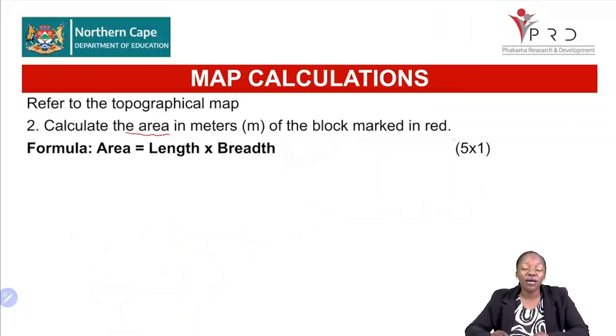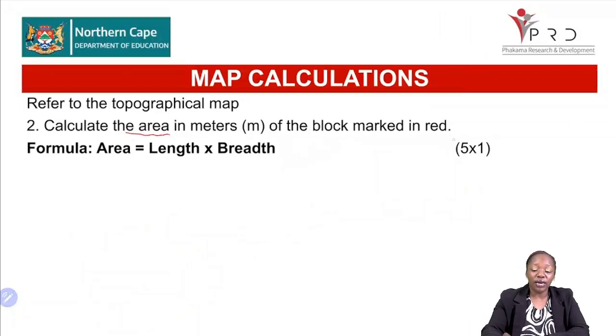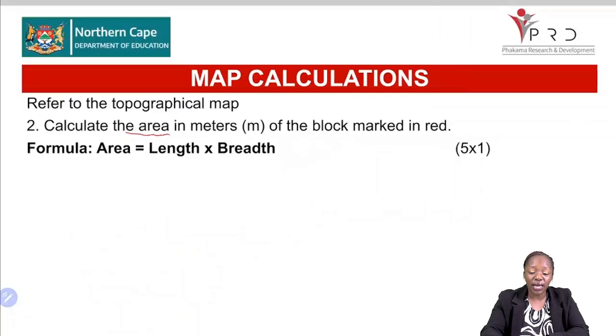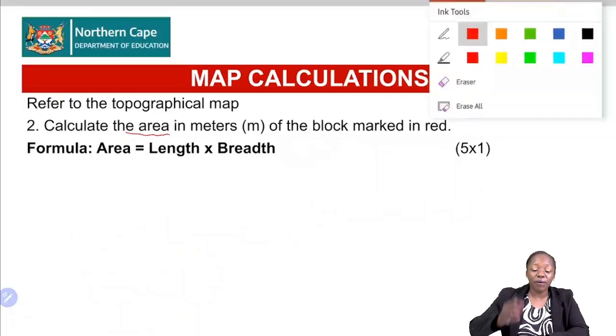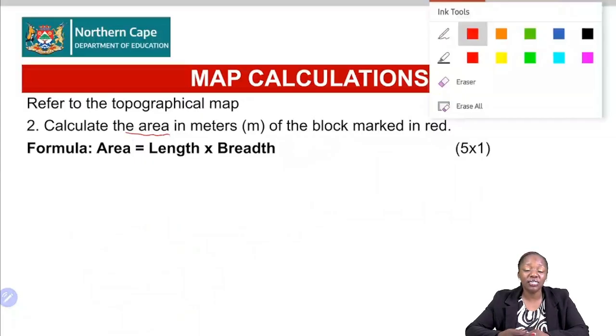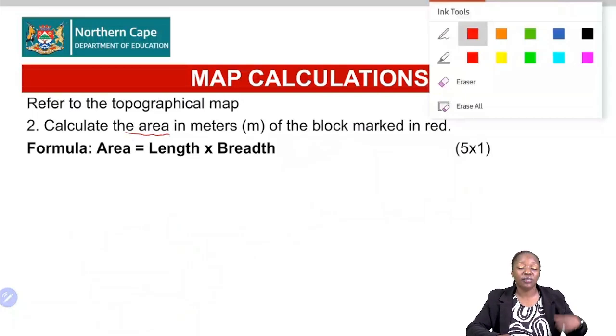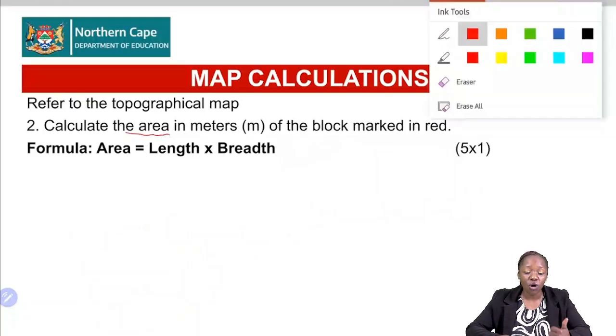Again, the formula you will always be given. You are given area is equal to length times breadth. Remember the map calculation again. Some we have learned in grade 8 and 9 by the distance. Then when you reach grade 10, 11, you've learned about the area. So even in grade 12, the area is still the same. It's either you calculate in meters or you calculate in kilometer.